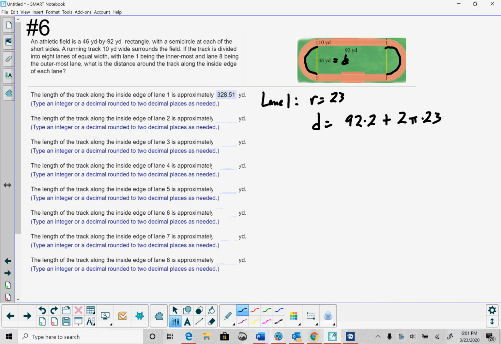All right, so now it comes to what do we do for lane number 2? Now again, the track is 10 yards wide, so from that center point to the inner edge, we know that's 23. To the outer edge, that's got to be 33.